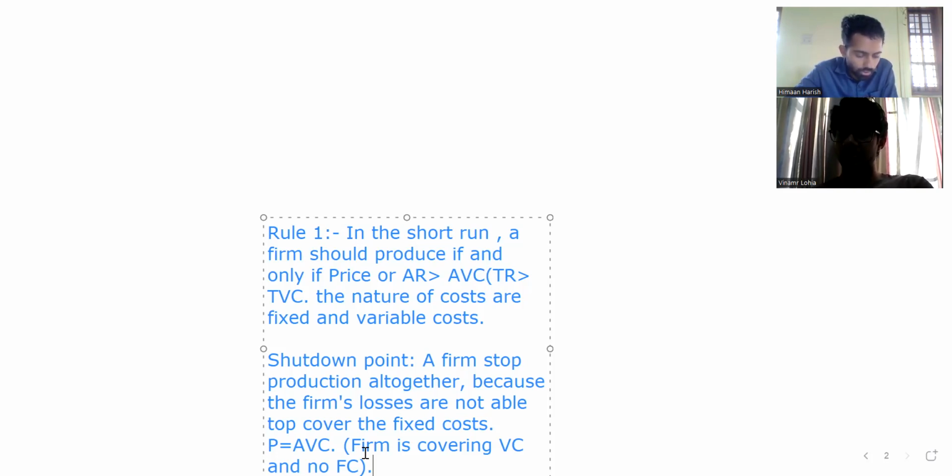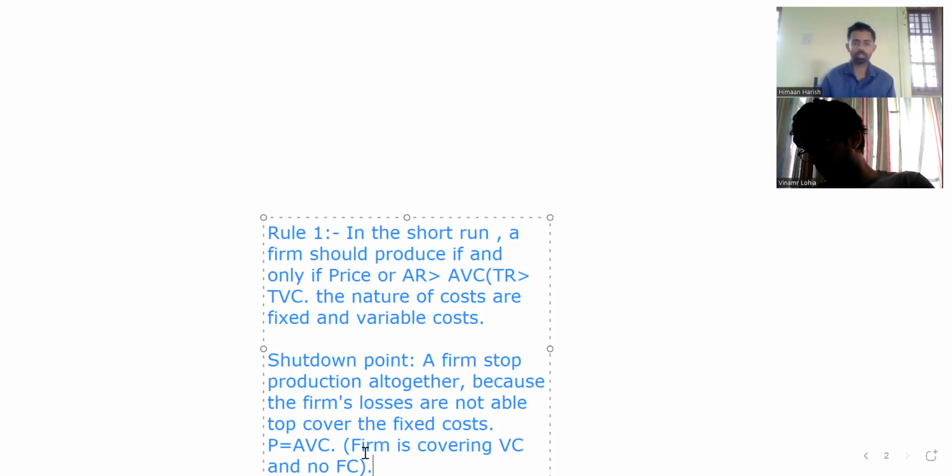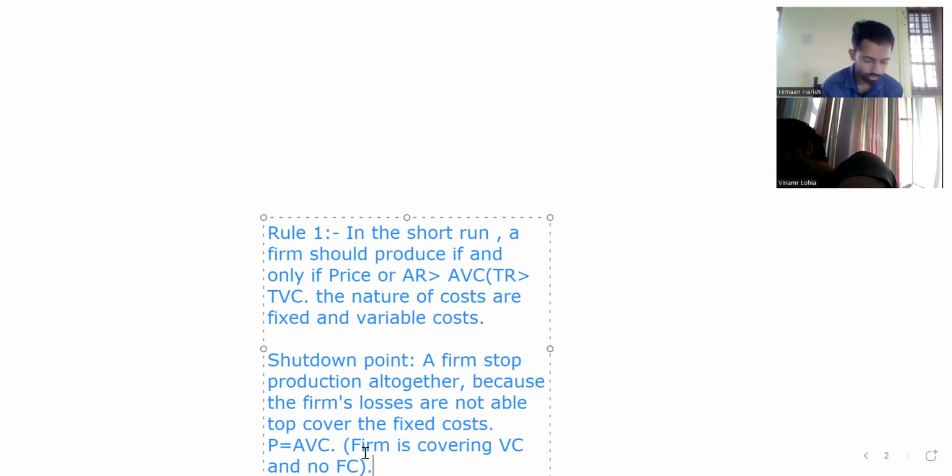You can just read out the point in the notes, in rule 1, the sixth line: when the price drops so low that revenues are insufficient to pay variable costs, the firm can avoid these costs by stopping production, and if it decides to resume production later, it's a situation of shutdown where loss equals the firm's fixed cost.